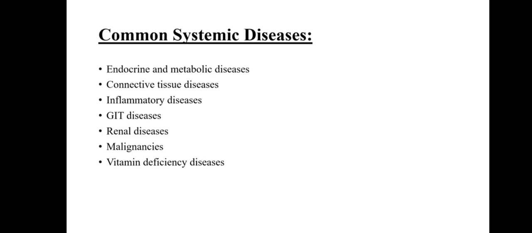Equally important, connective tissue disorders like systemic lupus erythematosus, inflammatory disorders, and GIT disorders as our classical Grahani manifestations. Renal disorders, Addison's disease itself, malignancies, and very commonly in children, vitamin deficiency disorders.